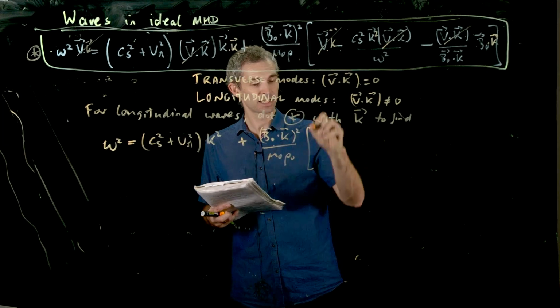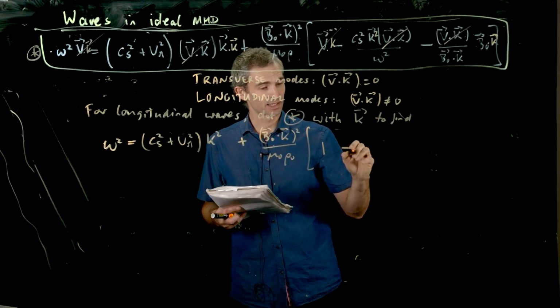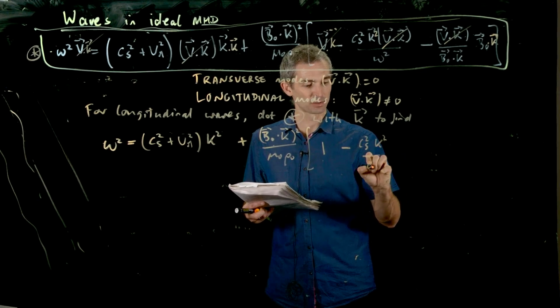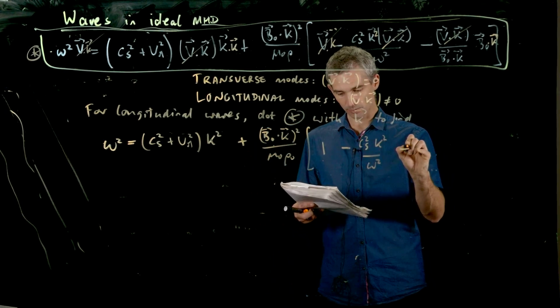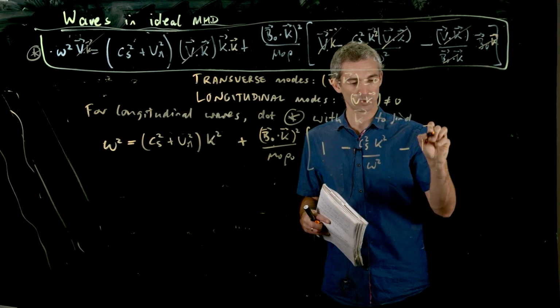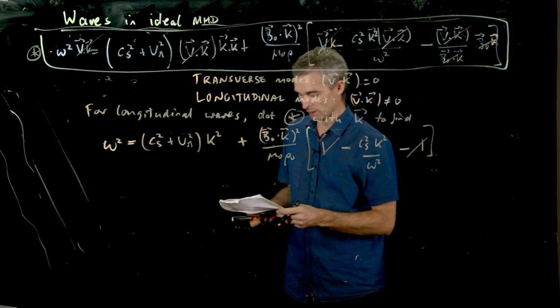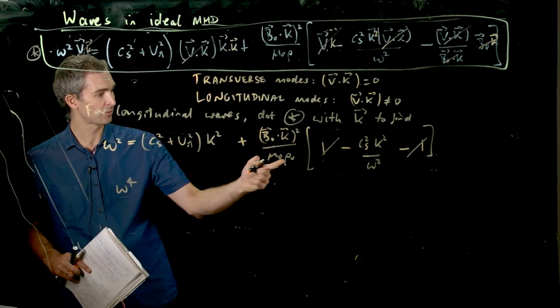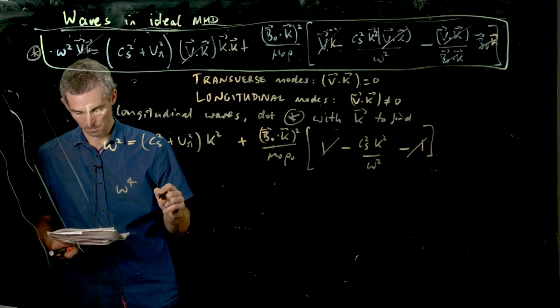Now what's left inside? So that's a 1 minus sound speed squared k squared on omega squared. And this one gives us a minus, so that's cancelled. This gives us a minus 1, right? So the 1's cancel. And we simply get left with omega to the 4th power. So we have to multiply this thing out now.